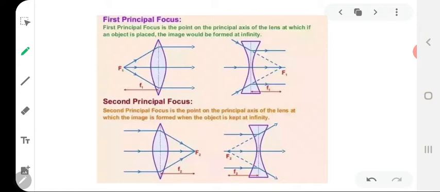As you can see right now in the diagram, the rays starting from or directed to this focus become parallel to the principal axis after refraction.